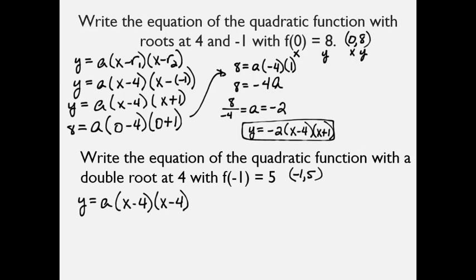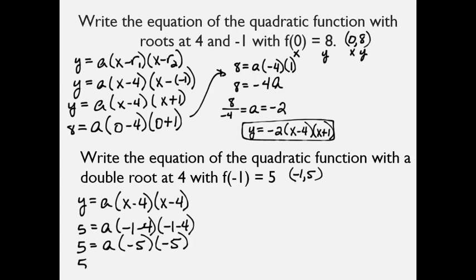So 5 is equal to a times -1 minus 4 times -1 minus 4. 5 then is equal to a times -5 times -5, or 5 is equal to positive 25a.